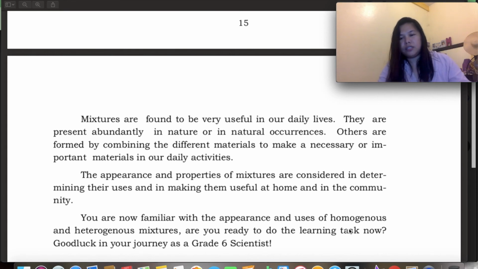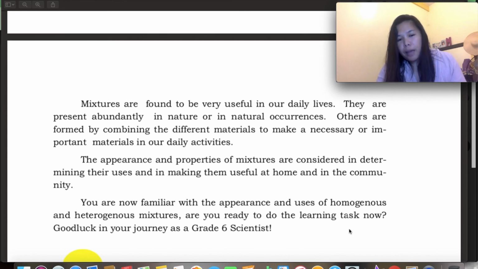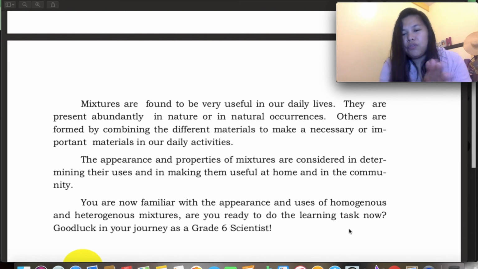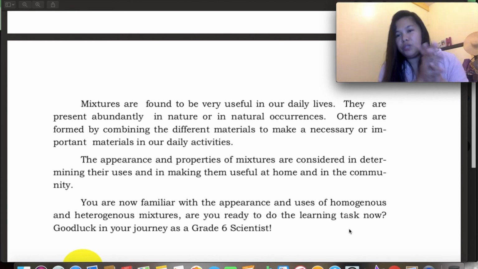Others are formed by combining different materials to make necessary or important materials in our daily activities. So, the appearance and the properties of mixtures are considered in determining their uses and in making them useful at home and in the community. So, you are now familiar with the appearance and uses of homogeneous and heterogeneous mixtures.